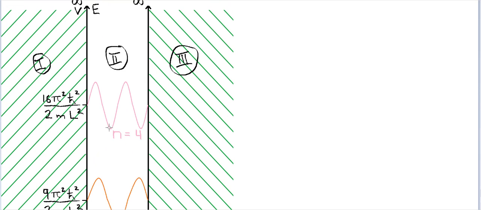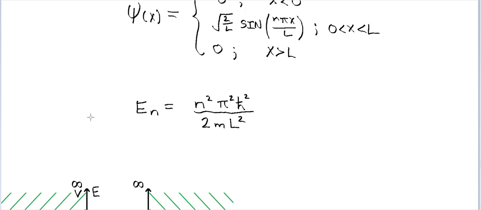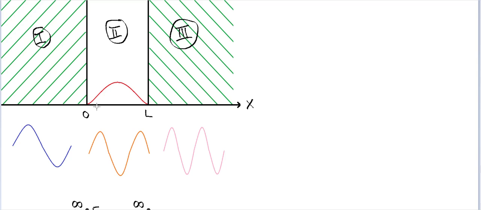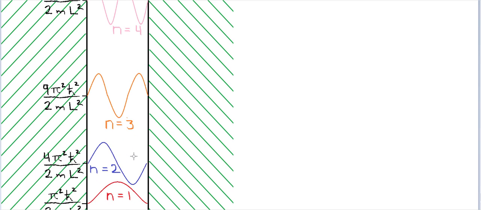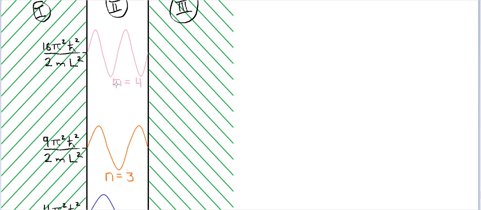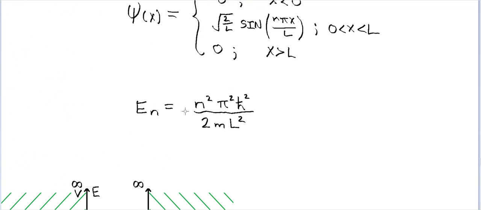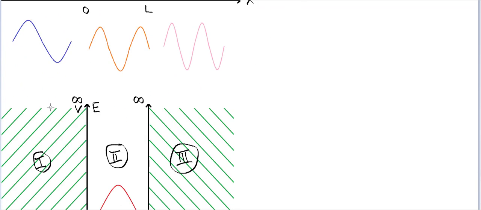Now, again, I want to make sure that I'm stressing that if I'm actually plotting psi, each of these psi values has to go to 0 at x equals 0 and x equals L. This is more of a way of showing you that each of these states exists at a different energy associated with the equation that we solved for up here.